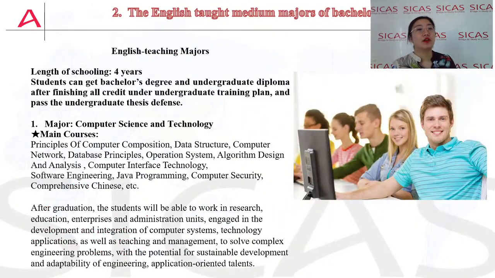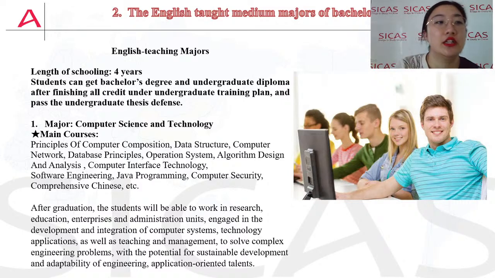And then we're going to go through some of the English taught medium majors of bachelor degree. And the first one we have is computer science and technology. Its length of schooling is 4 years. Students can get a bachelor degree and undergraduate diploma after finishing all credits under the undergraduate training plan and passing the undergraduate thesis defense.